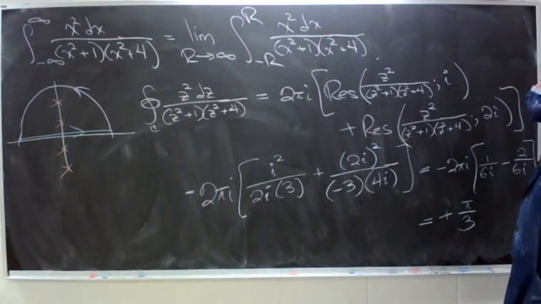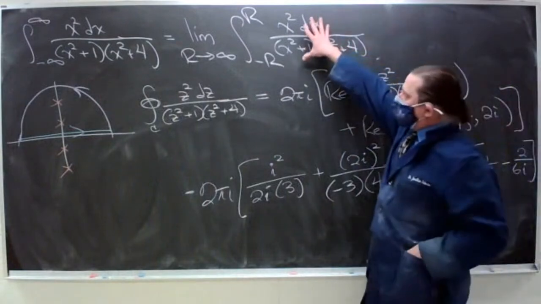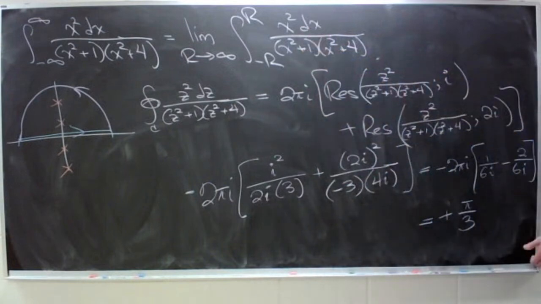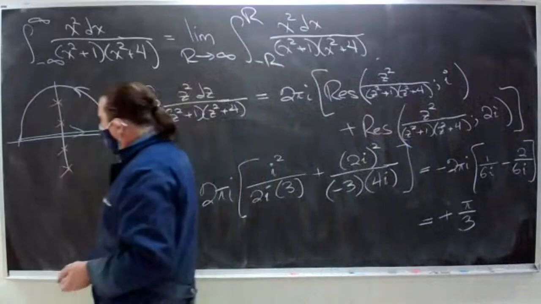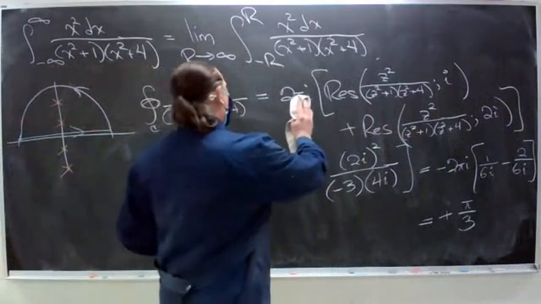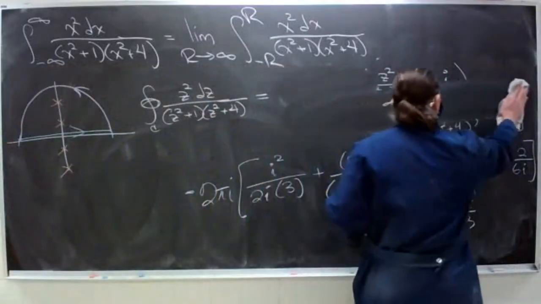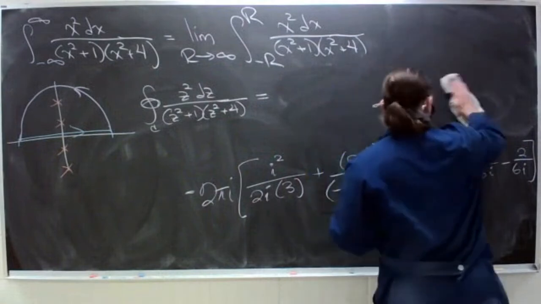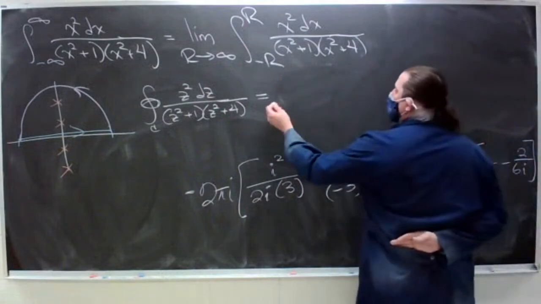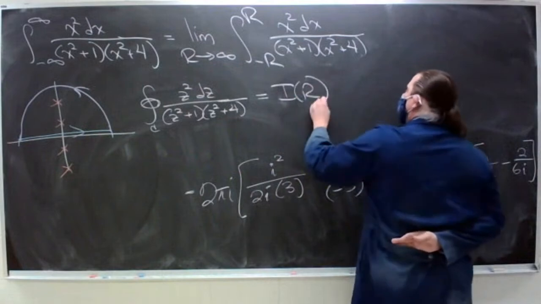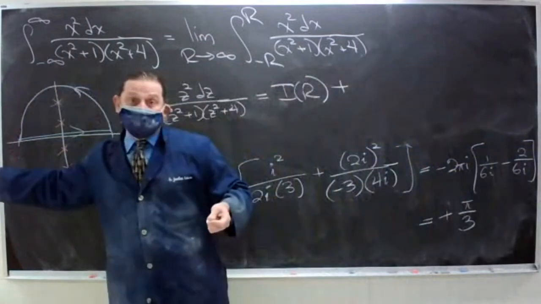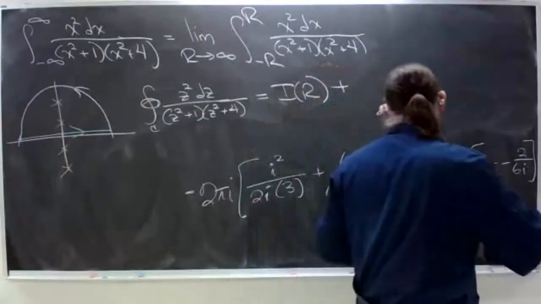How is that related to this integral? Well, the loop integral, on the one hand, is equal to pi over 3. On the other hand, it's equal to I of R plus the contribution from the semicircle.